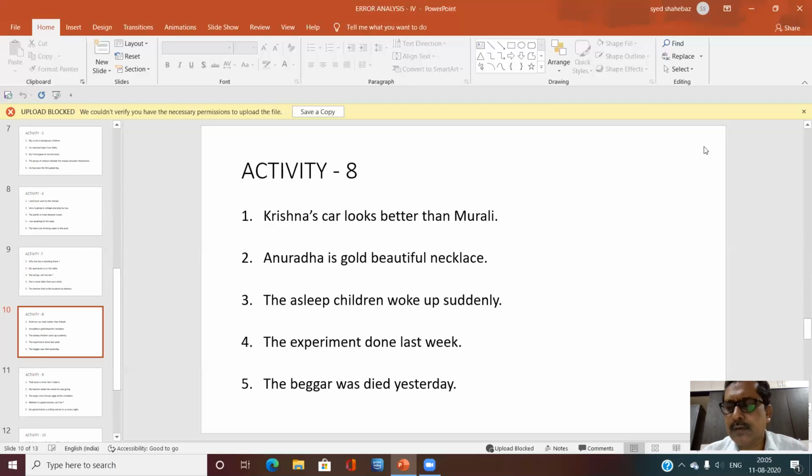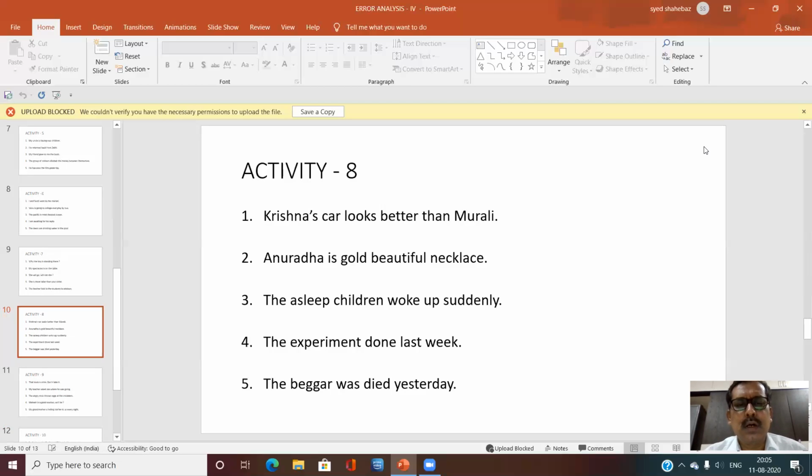The correct construction is like this: Krishna's car looks better than that of Murali. Better than that of. That of has to be added in this sentence. This is the correct syntax and structure of this sentence.